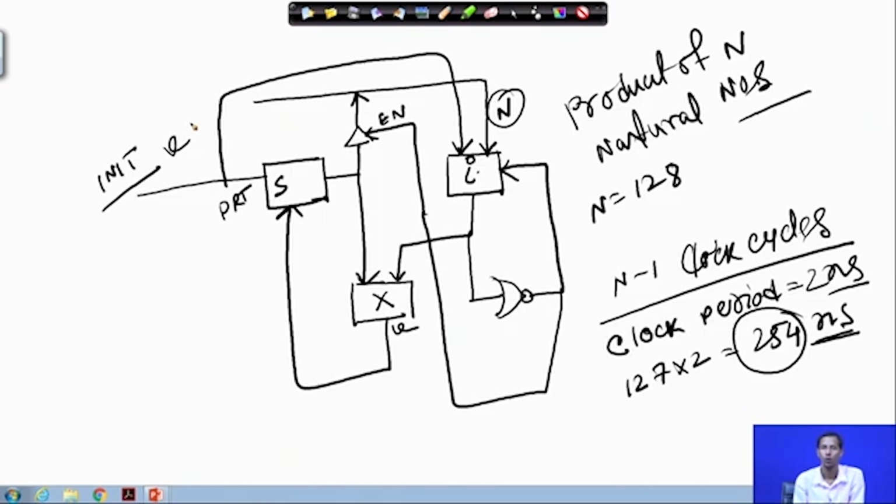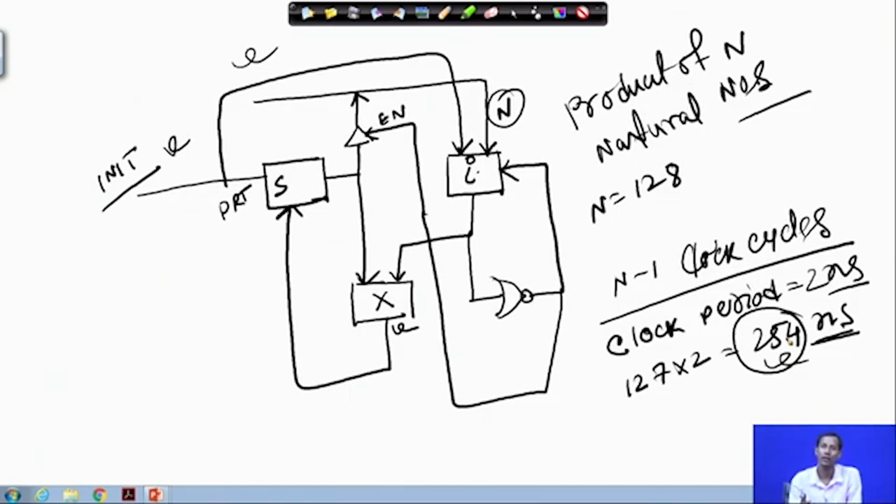It actually depends on the application for which you are designing the corresponding function or expression. So, if in one particular system you have the liberty that you can wait for 254 nanoseconds, at that time you can go for this particular implementation.